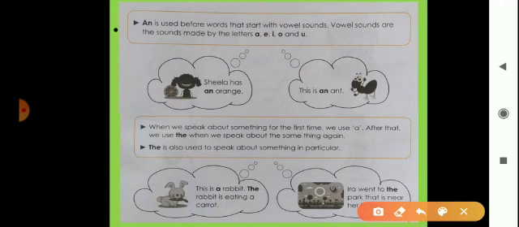For example, Sheila has an orange. Why do we use an? Because orange is a naming word and O is a vowel sound. So we should use an.